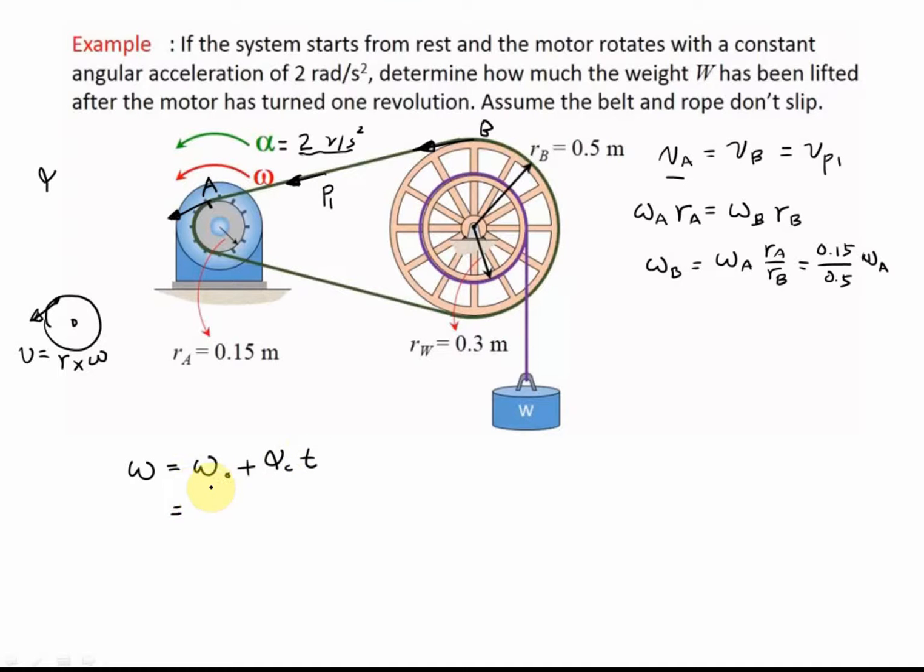We know that it starts from 0, so the initial angular velocity will be 0. And we know our alpha is 2 and t. So right now omega A is a function of time, which is 2t.